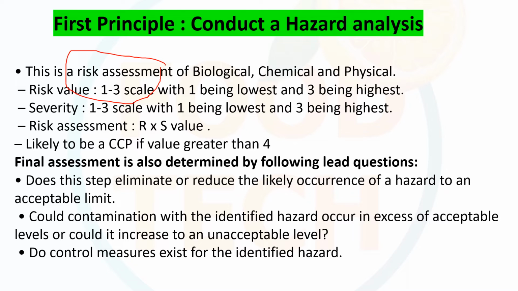During the risk assessment, there are values for every assessment. So here the risk value is based on a scale of 1 to 3, where it is obvious that 1 is the lowest and 3 is the highest. In the case of severity also, it is 1 to 3.